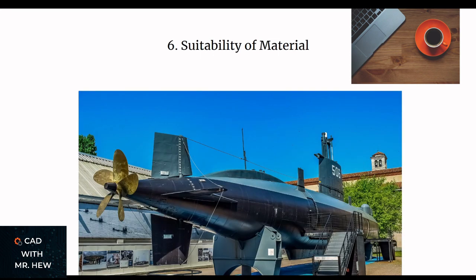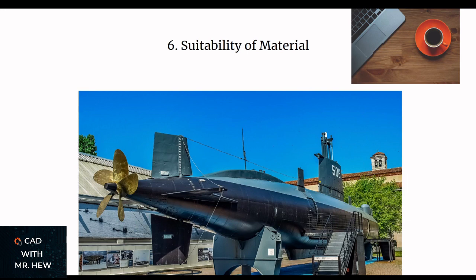Criteria number 6, suitability of material. When choosing the materials for a product, the designer must consider a number of factors. There are 3 main factors that the designer must take into account.